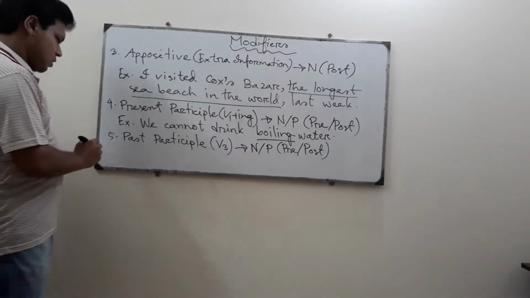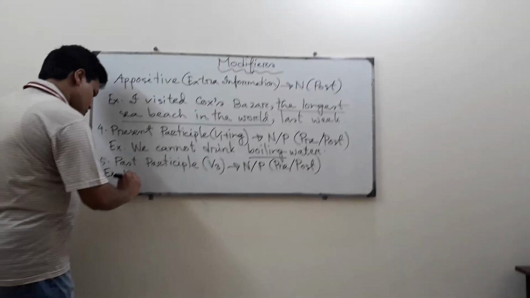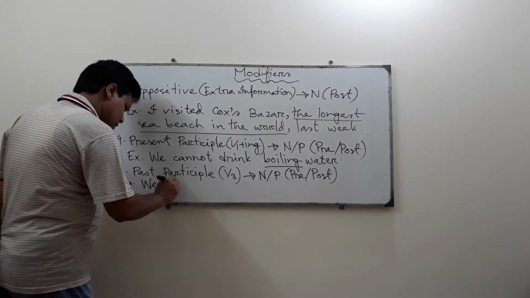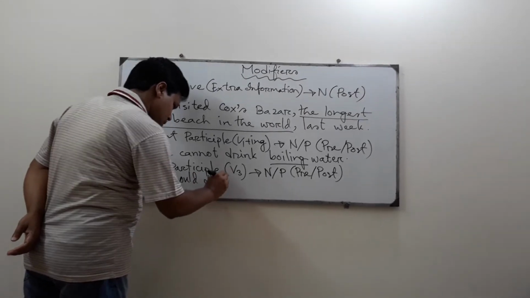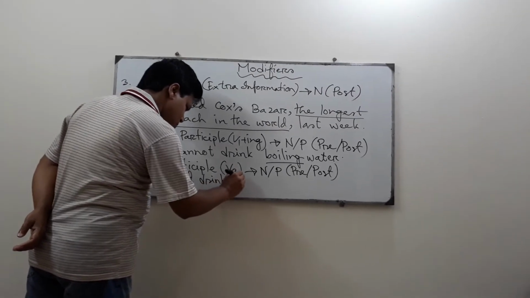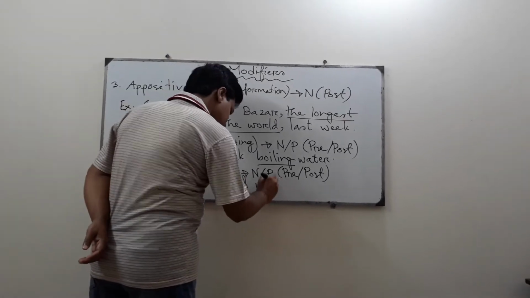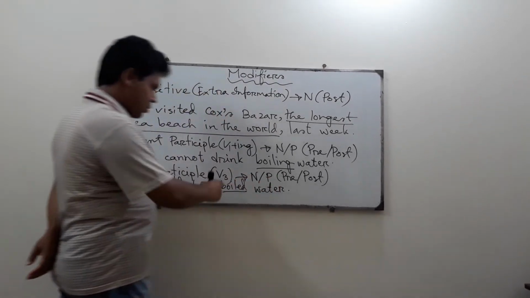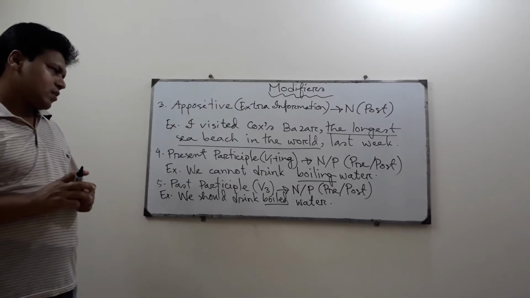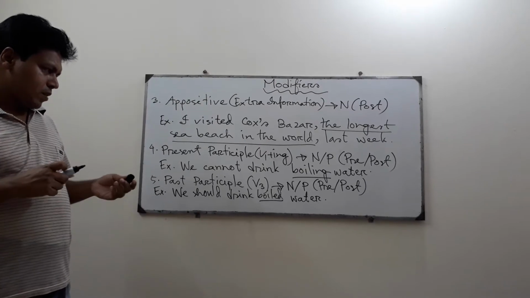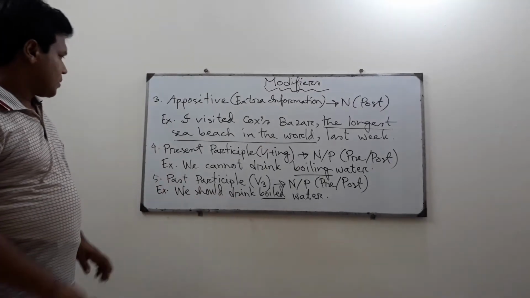Look, example, we should drink boiled water. Here the word boiled is a past participle, and it modifies the noun water, and it's a kind of pre-modifier here.